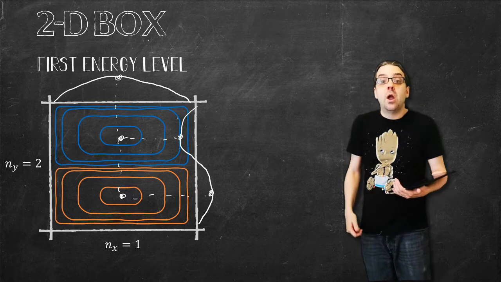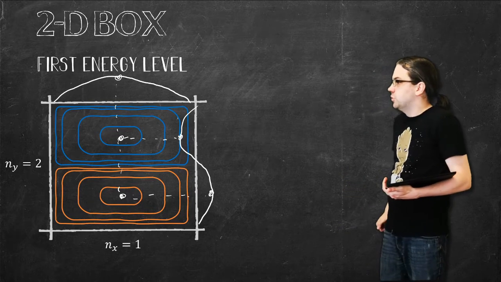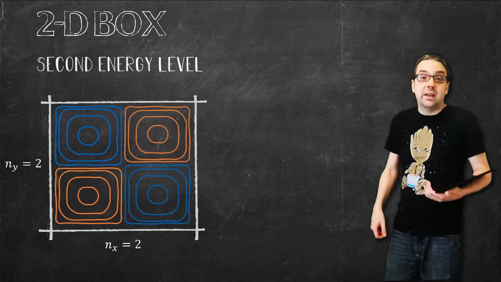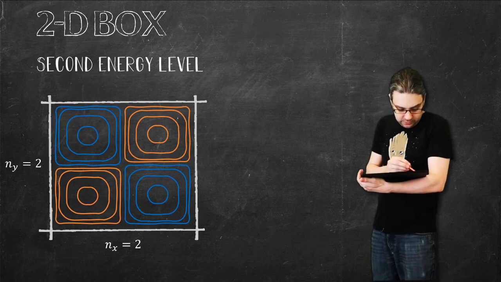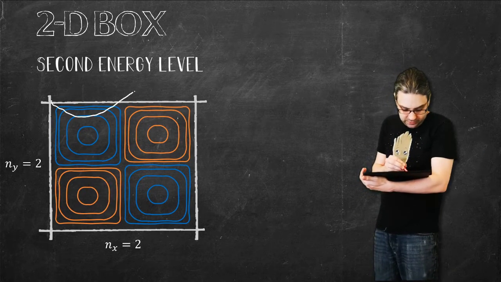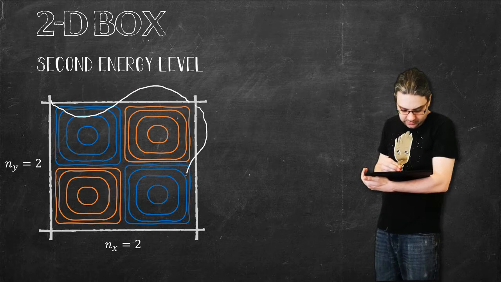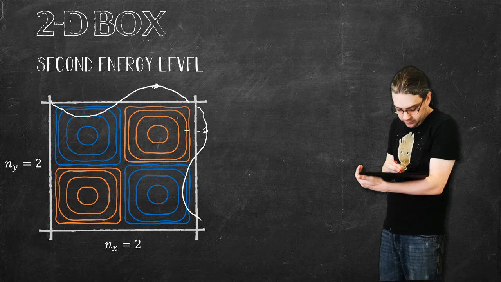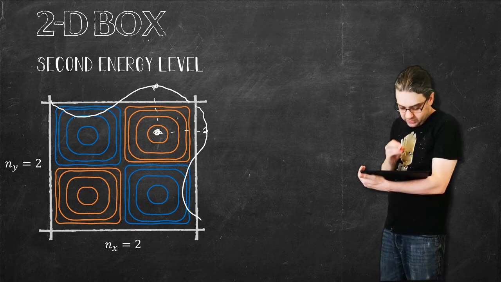But what happens if we increase both quantum numbers to 2? Well, we get this sort of pattern going on here. So we have a sine wave that looks like that, and here, both are positive. They're going to form positive there.